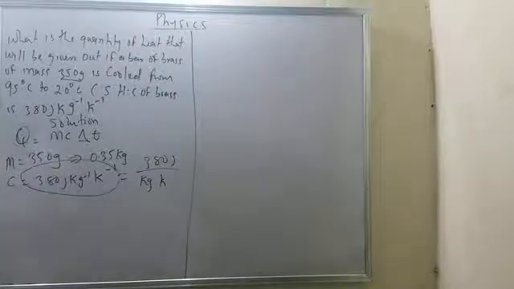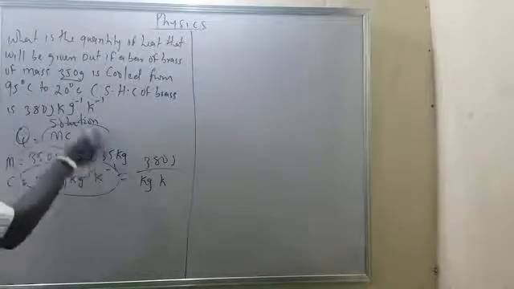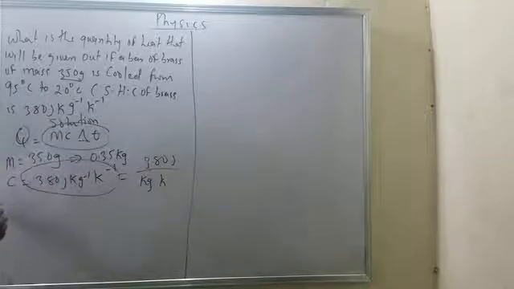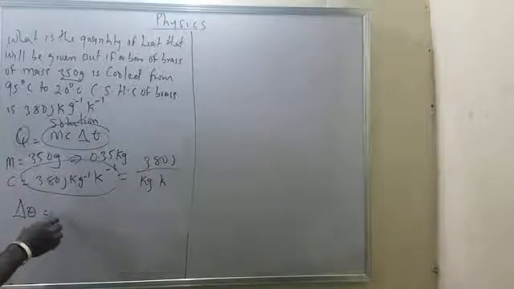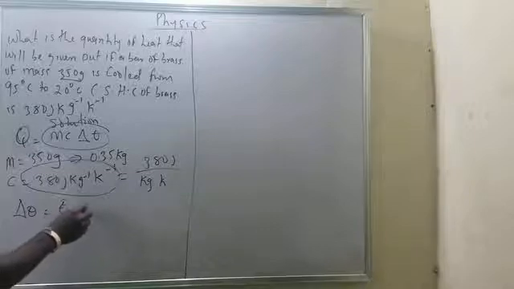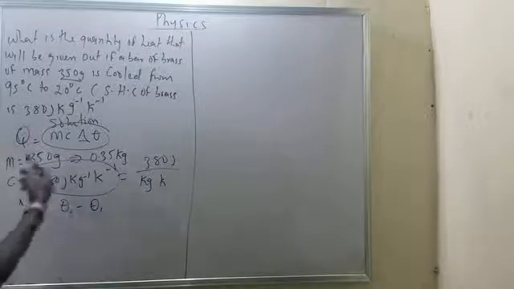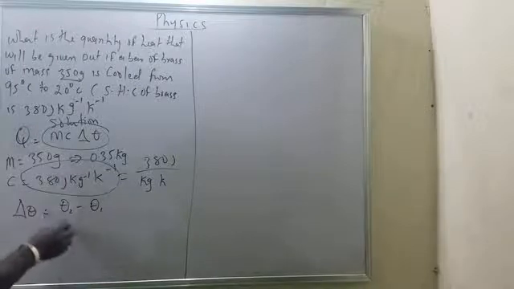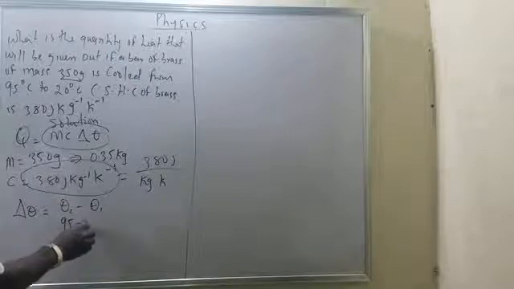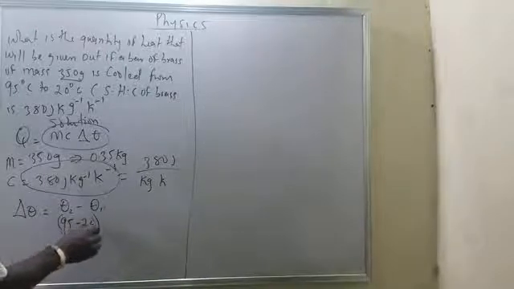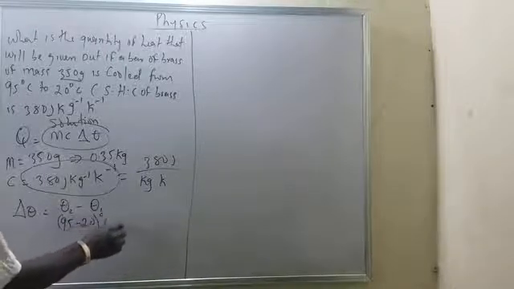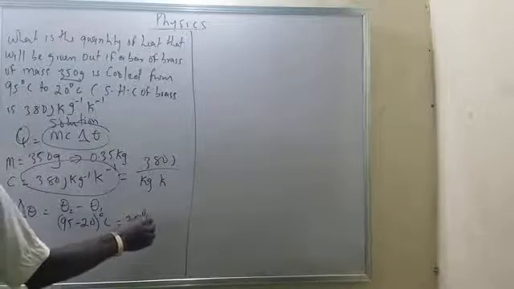Now, since I know my temperature change, I can say that it equals Q2 minus Q1, which I've told you earlier is final minus initial. My final is 95 minus 20, since we're working in degrees Celsius, which gives 75 degrees Celsius.